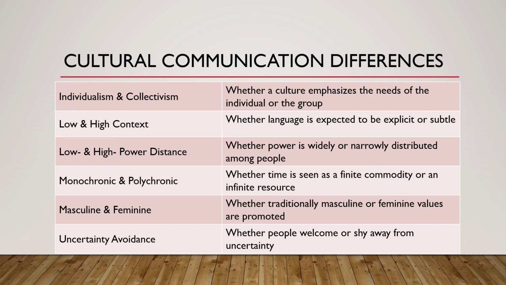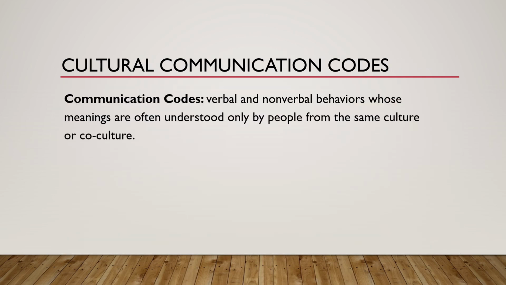Whereas more uncertainty accepting cultures prefer few rules, few limitations to their behaviors. They enjoy new situations that are unique and unknown. So we can have more uncertainty avoidant cultures or more uncertainty accepting cultures. And this is essentially just our viewpoint, or culture's viewpoint, on whether we like or value uncertainty, find that exciting, or whether we find that daunting and we want to have everything be really explicit and known to us.